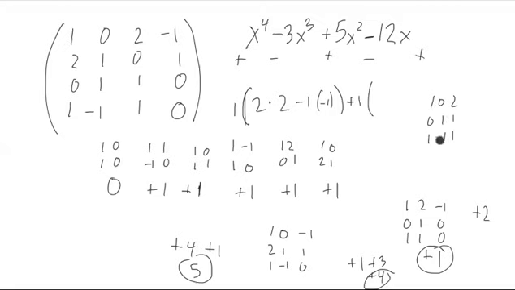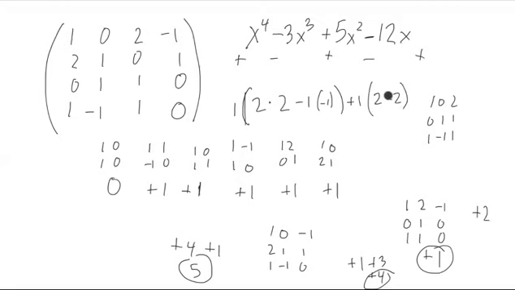So 1 times what's kitty corner, that's 1 minus the negative 1, so that's a 2. So that's a 2, so 1 times that 2. And then you have this 1 times the determinant of this, which would be 0 minus 2.